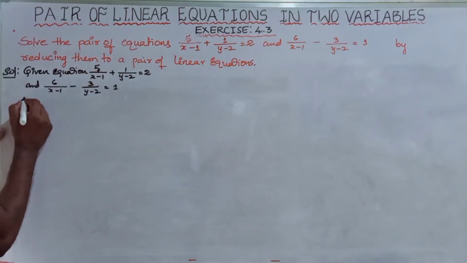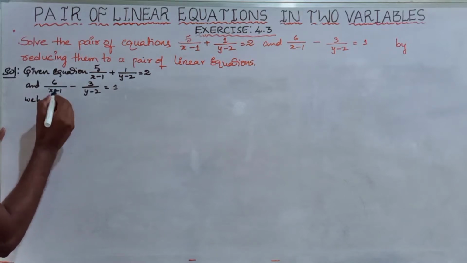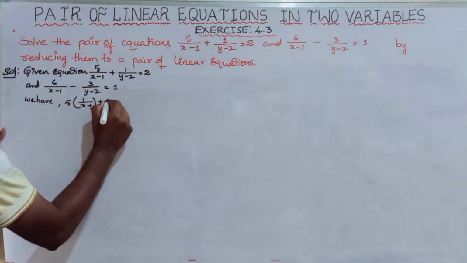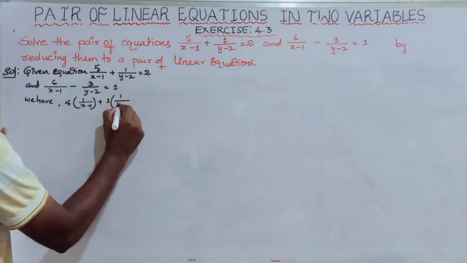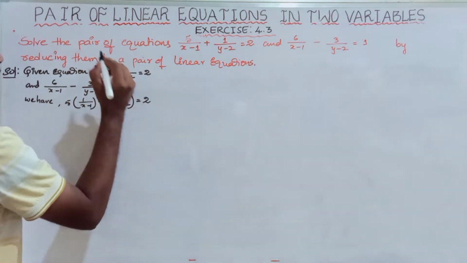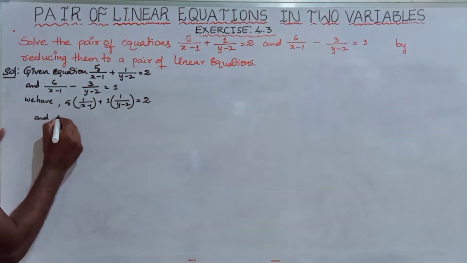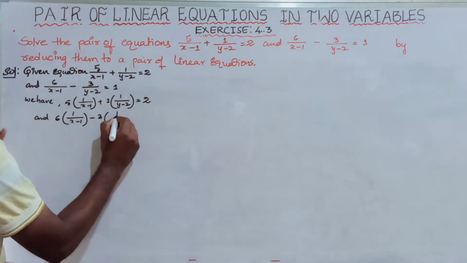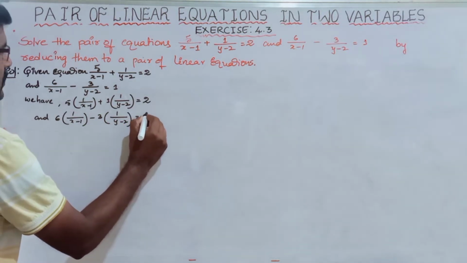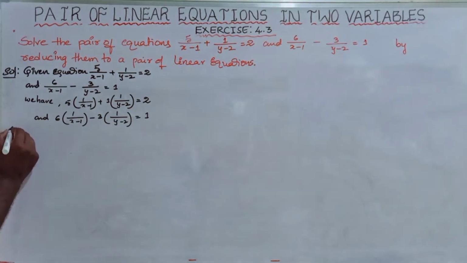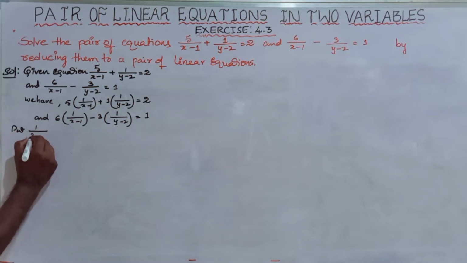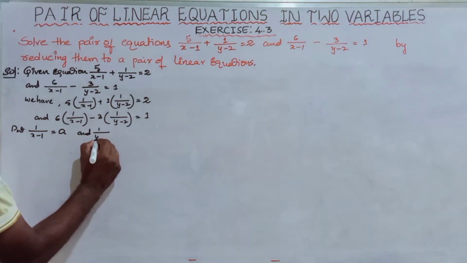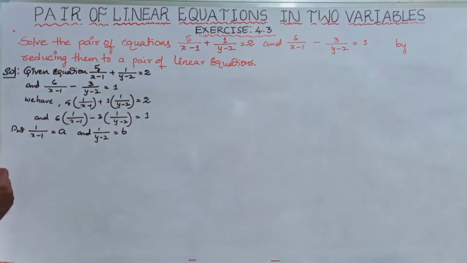We have 5 of 1 by (x minus 1) plus 1 of 1 by (y minus 2) is equal to 2 and 6 of 1 by (x minus 1) minus 3 of 1 by (y minus 2) is equal to 1. Put 1 by (x minus 1) equal to a and 1 by (y minus 2) equal to b.